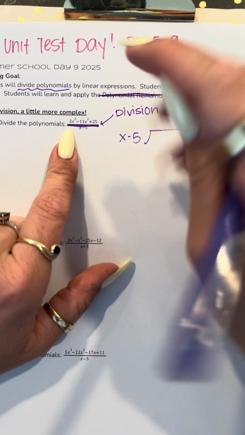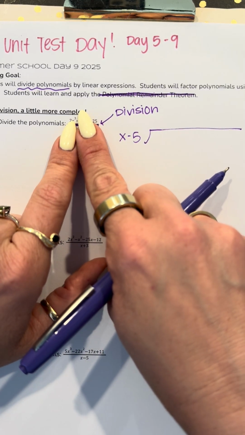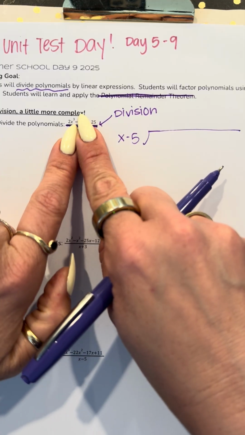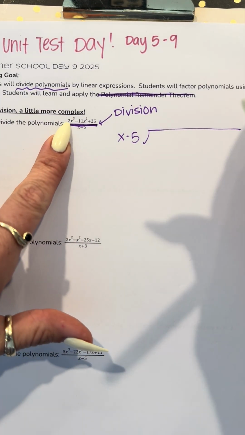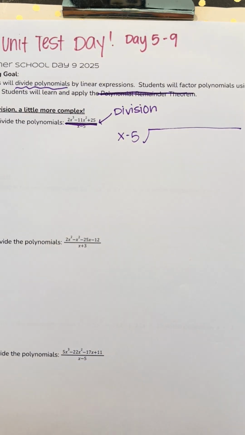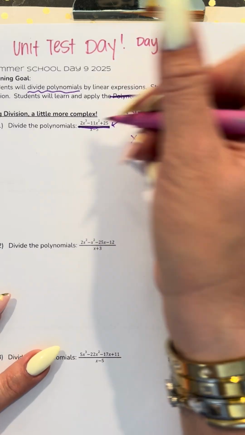What you'll notice here is now we have some coefficients in front. Yesterday, each time you did this, it was just x squared. Now we have 2x to the third, so it's going to be a little bit longer. So looking through this, I have 2x cubed minus 11x squared plus 25. I notice there's a term in there that's missing.